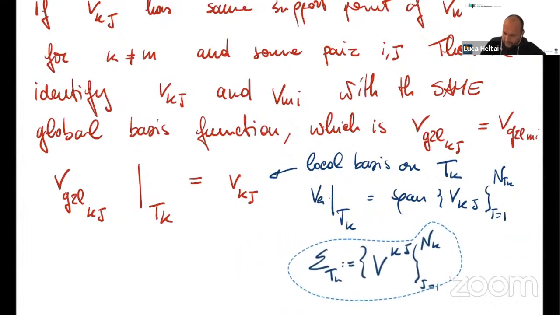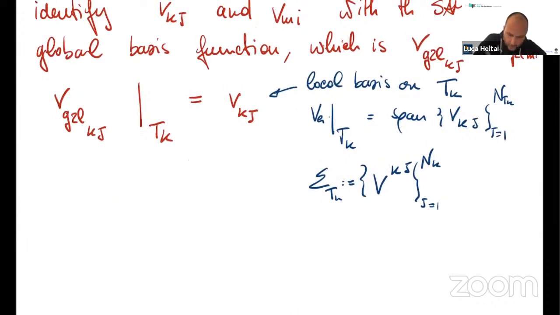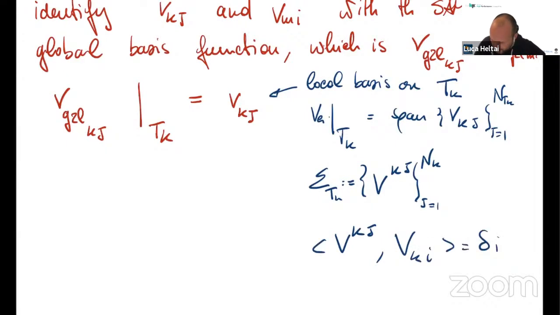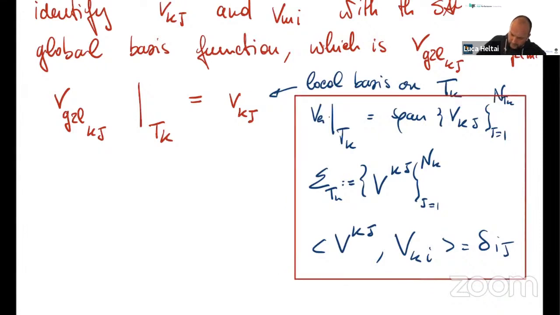So these are the dual basis functions. And we also have the property that whenever you choose v_kj and you evaluate them on v_ki, what you get is delta ij. Okay, so what I'm saying here is that I'm now indexing basically every finite element pair, triple, sorry.